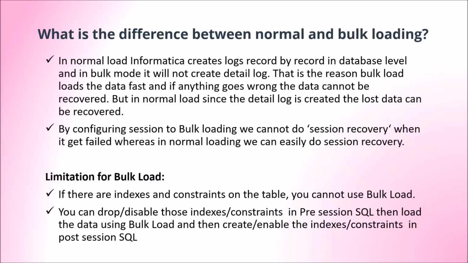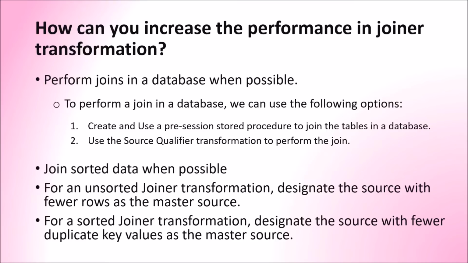The next question is, how can you increase the performance of the joiner transformation? By performing the joins in a database, we can improve the performance. But this will not always be possible. It is possible if the source tables we are going to join are coming from the same database.